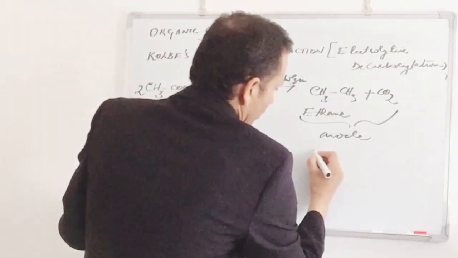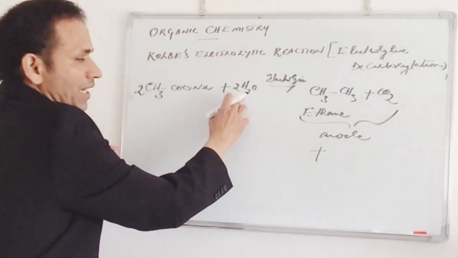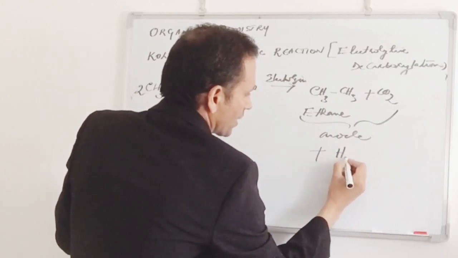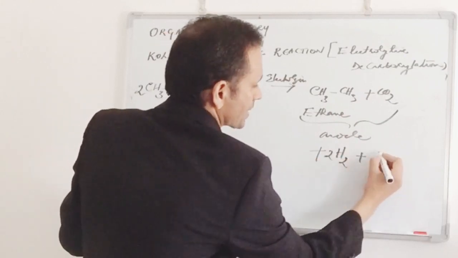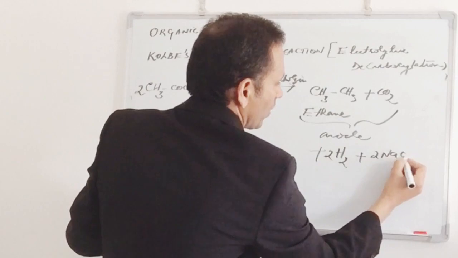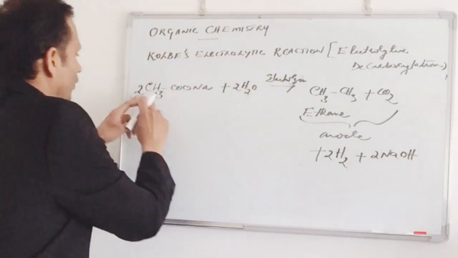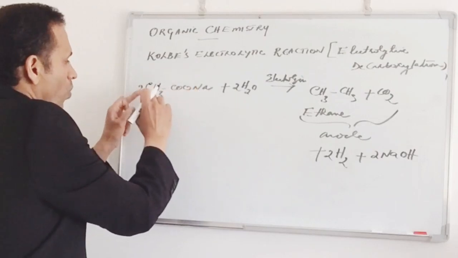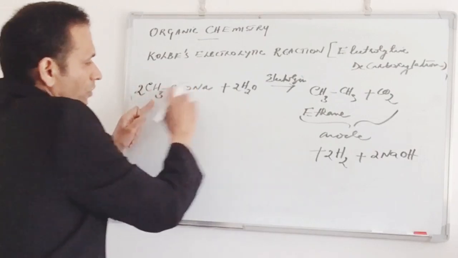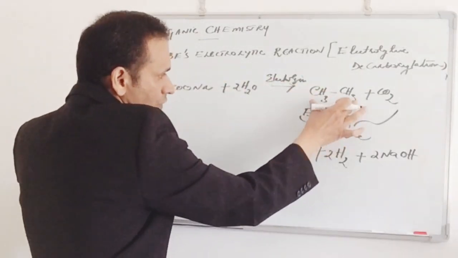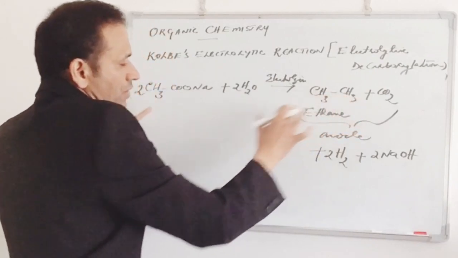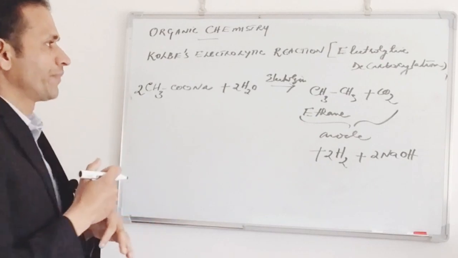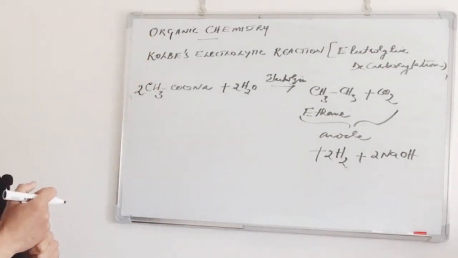At the cathode, hydrogen gas is liberated, plus 2NaOH. So if you start with a reactant with one carbon atom, we will have an alkane of 2 carbon atoms. This is the example for Kolbe's electrolytic reaction.